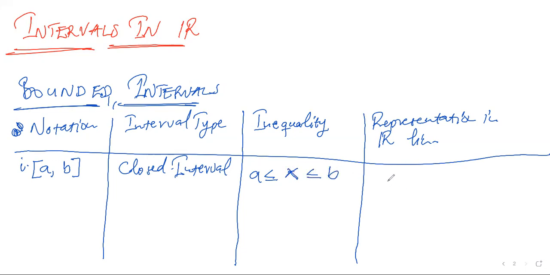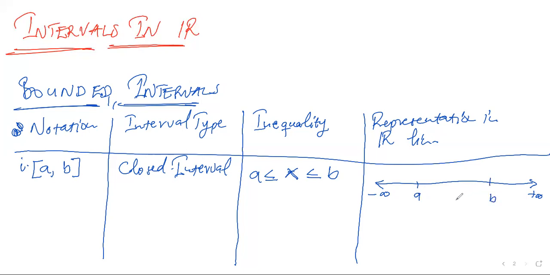Representation in the real number line: if we have the real number line like this, with negative infinity and positive infinity, having A here and B here.